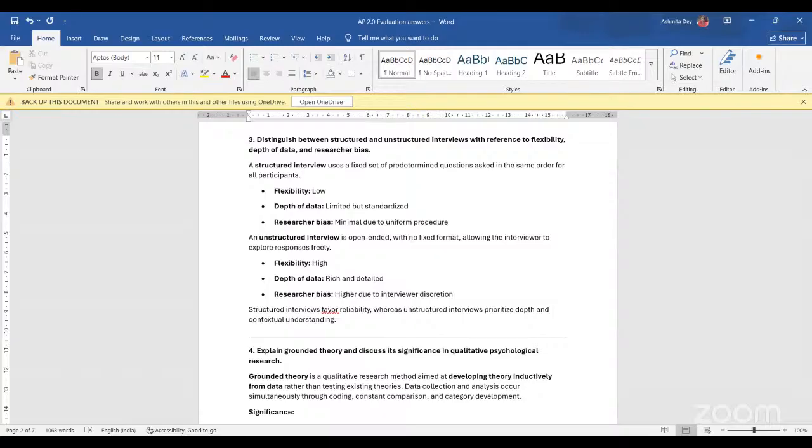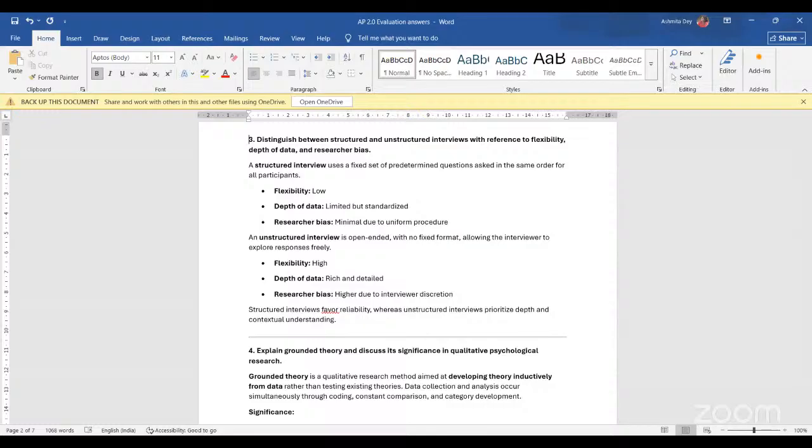Okay. So as a holistic answer, we can say that a structured interview uses a fixed set of predetermined questions asked in the same order to the participants, wherein the flexibility is low, and depth of data is limited but standardized, since we are asking the same set of questions. Researcher bias is minimal due to the uniformity of the procedure that is being maintained.